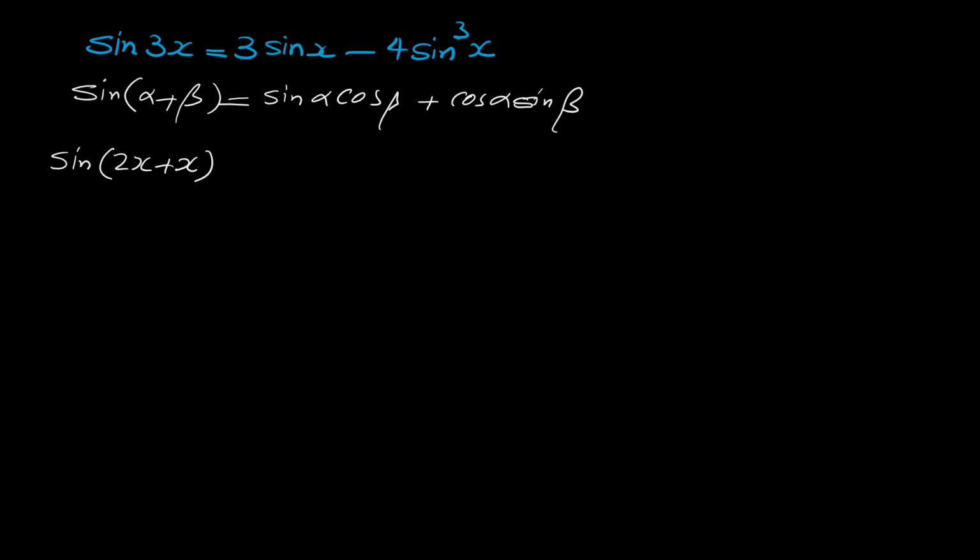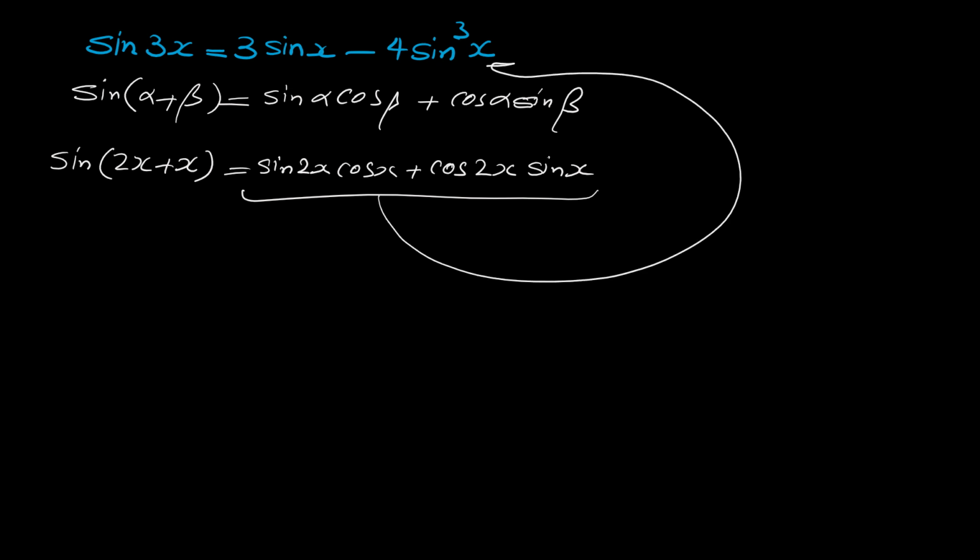If we use this formula and expand, this equals sine 2x cosine x plus cosine 2x sine x. Always when you want to prove an identity, look at the other side. We want to get to this, and here we have only sine.